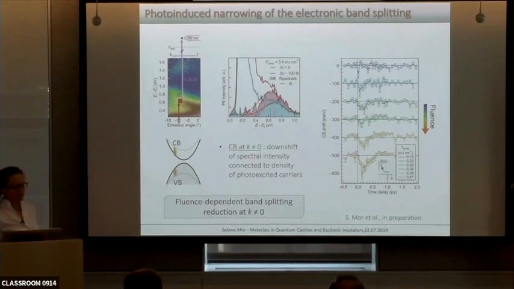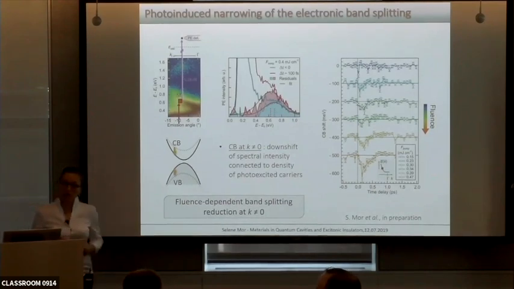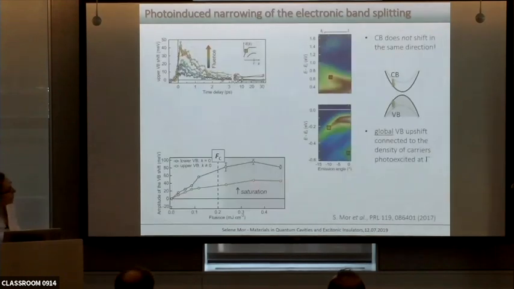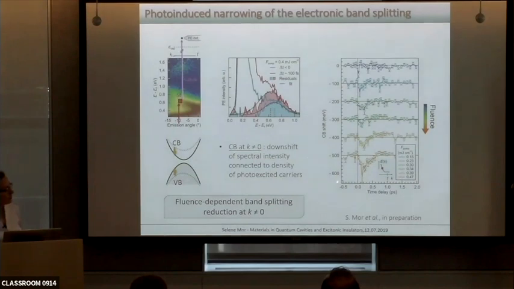To be on the numbers, how big is the redshift and the blueshift? We are speaking about a few tenths of meV in the valence band. In the conduction band, it's actually lower.